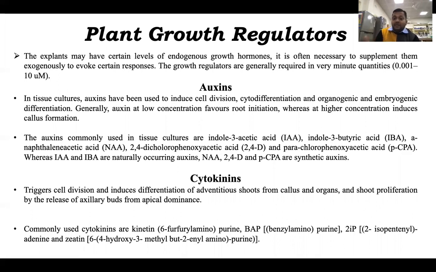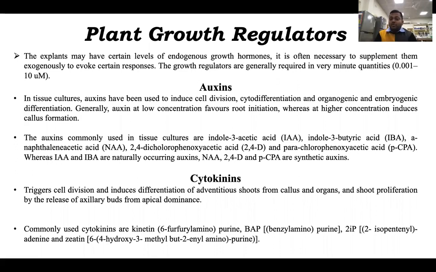But once the callus purpose is sorted out and it has started resulting in a plantlet or shoot, we want the shoot to start developing roots so that it can extract nutrients from the media we are providing. So we transfer it to another medium with low concentrations of auxin, and that causes rooting to initiate. This is how, during tissue culture, we play with different concentrations of the growth regulators as per our requirement.